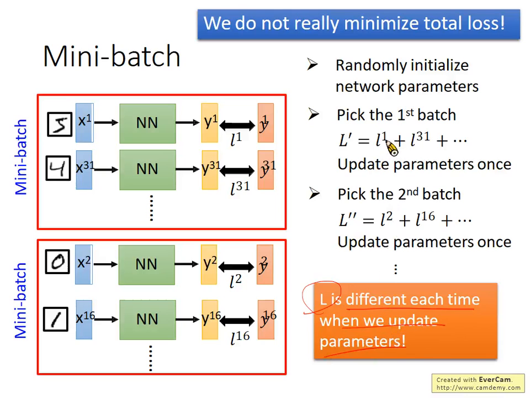Basically, in the first subset we don't necessarily always pick data number 1 and data number 31. It's not necessary. So at the second epoch, we can randomly select 100 data points to be the first batch, and we can randomly select another 100 data points to be the second batch, and so on.